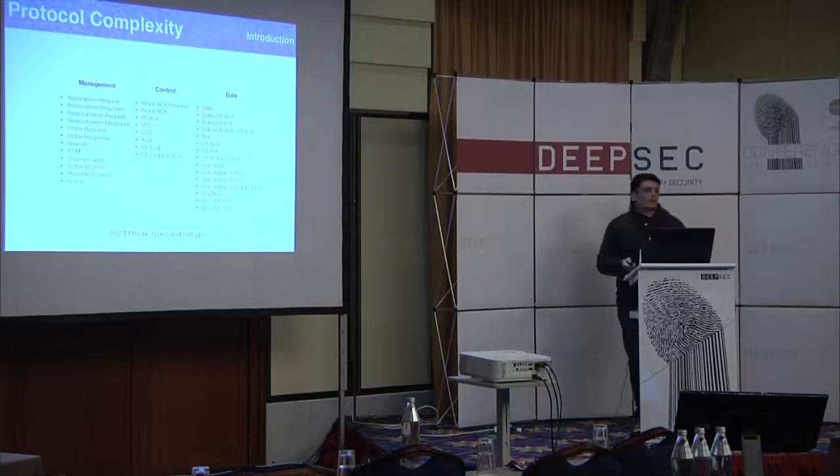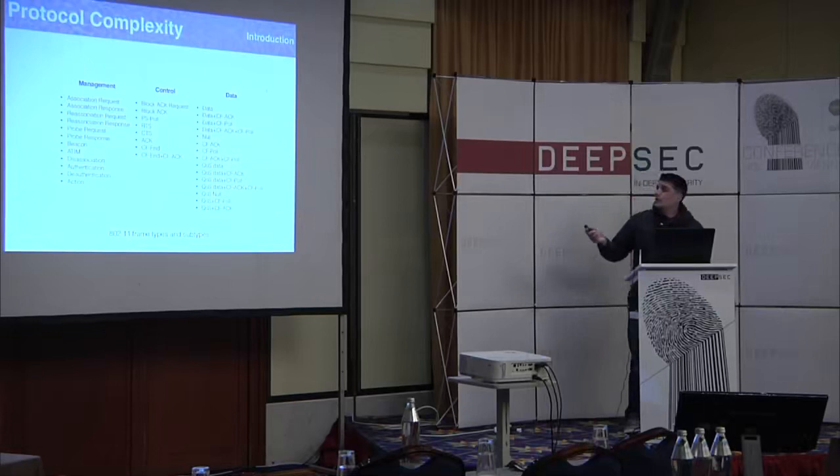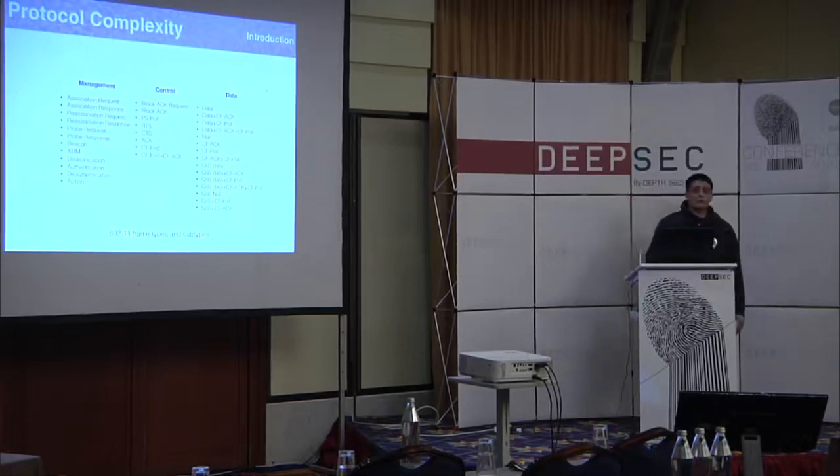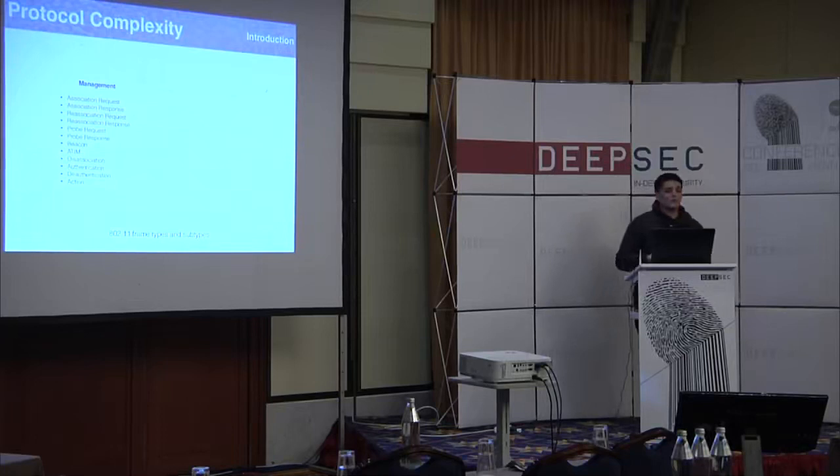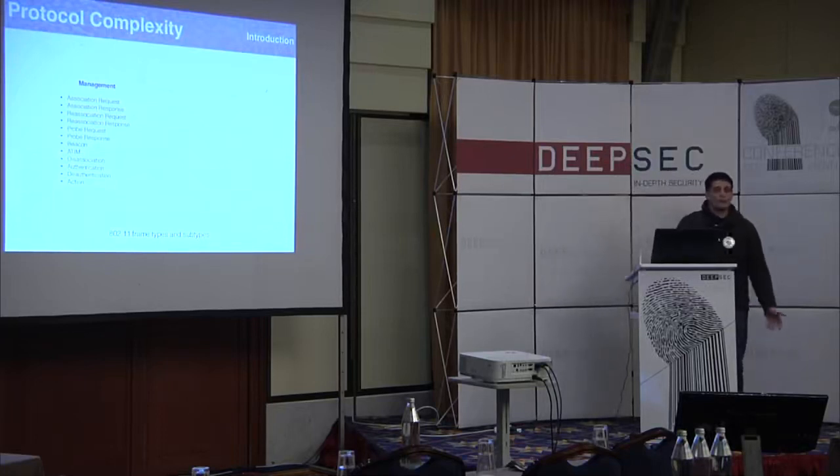To start with a little introduction to the protocol, I'm going to talk about the frames. We have three types of frames: management, control, and data frames. In this presentation, I will be focusing only on management frames. Two of the most common frames, used all the time, are the beacon frame and the probe request frame.